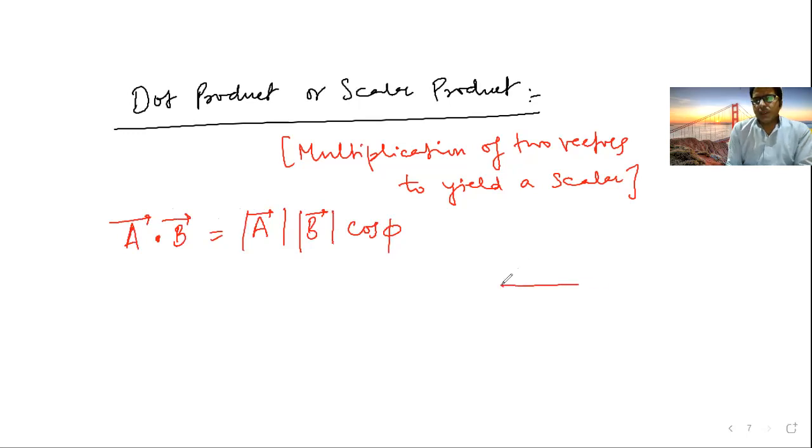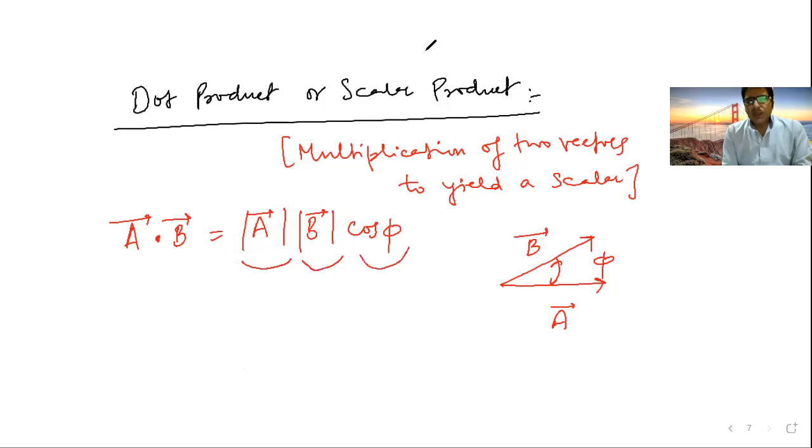So if this is A, this is B, and there is angle phi between them, then A dot B is the product of three things: magnitude of A, magnitude of B, and cosine of the angle between the vectors, right? This is the definition.